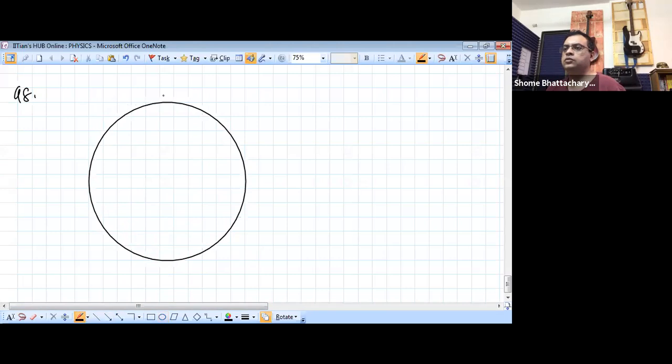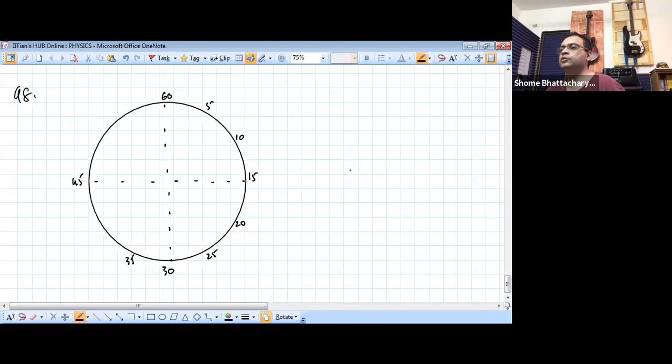So 60 or 0, whatever, 15, 30, 45. So these are the minutes in the clock. Now, anytime your minute hand moves 15 minutes, what is the displacement of the tip of the minute hand?